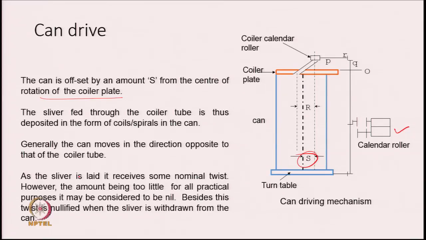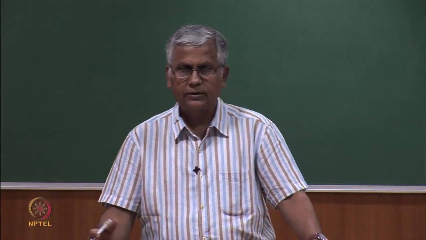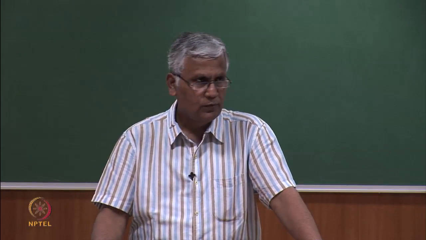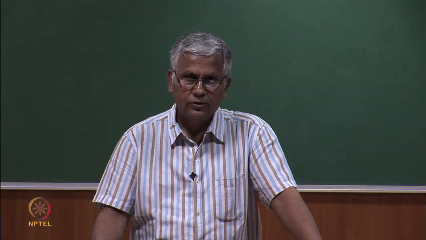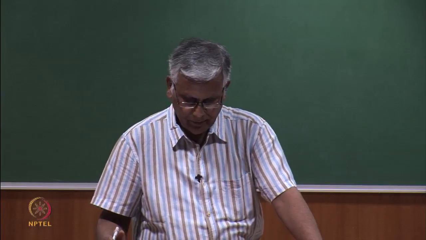As the sliver is laid, it receives some nominal twist. However, the amount of this twist is too low to have any practical value. Besides, this twist is nullified when the sliver is withdrawn from the can. So, in the sliver laying mechanism, theoretically we are also inserting a little bit of twist, but practically this twist may be considered nil, and even if we consider the twist to be there, it will vanish when we remove the coil from the can.